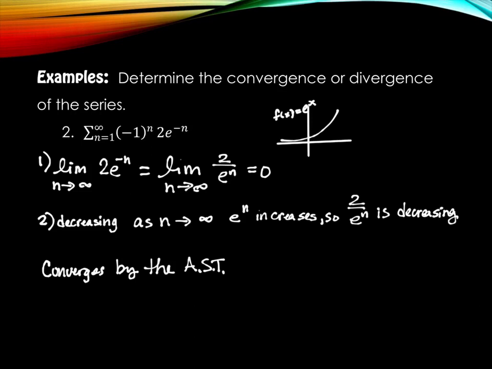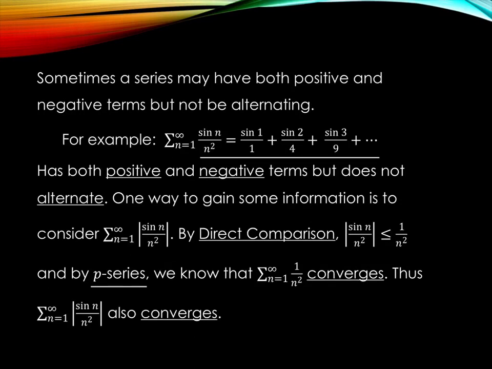Okay, some series don't alternate exactly, but they do have some positive and some negative terms. So sometimes a series may have positive and negative terms but not be alternating. For example, the summation from n equal 1 to infinity of sine of n over n squared. You have sine of 1 over 1 plus sine of 2 over 4 plus sine of 3 over 9 and so forth.